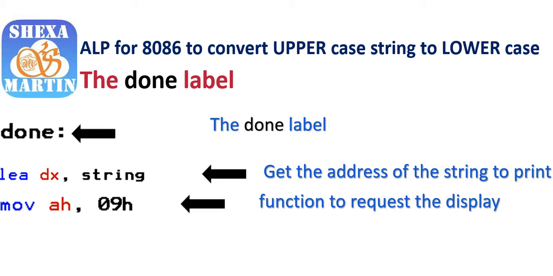So whenever you move 09h into AH, we are requesting that black screen as the display or output screen. Then int 21h is used to execute all requested functions. So with the execution interrupt function int 21h, we then get our output.